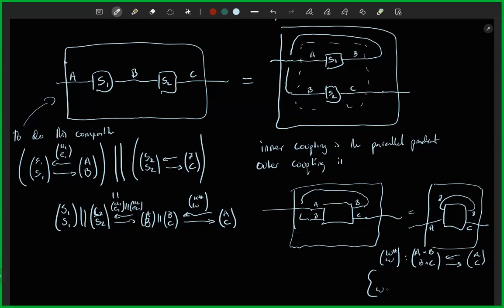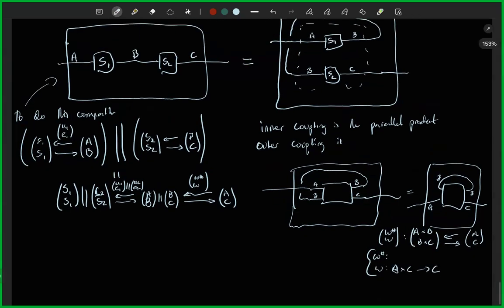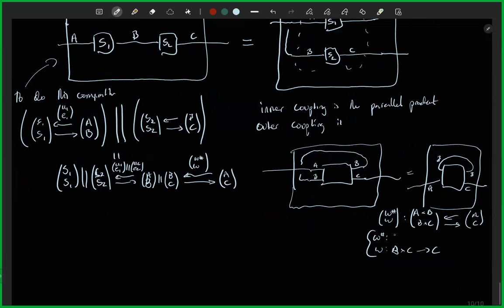Well, it's two maps. Again, it's a lens, so I've just written out the signature. And then we can say what it is.